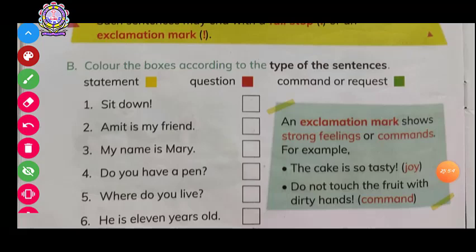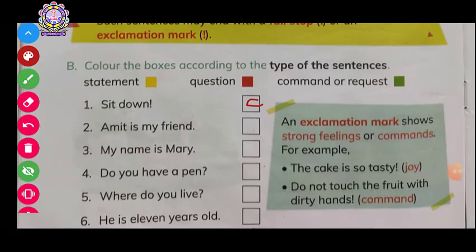Let's move further. Sit down. What is it? Yes, it is an exclamatory mark, meaning this is a command. So C will come here. Amit is my friend. So what is it?